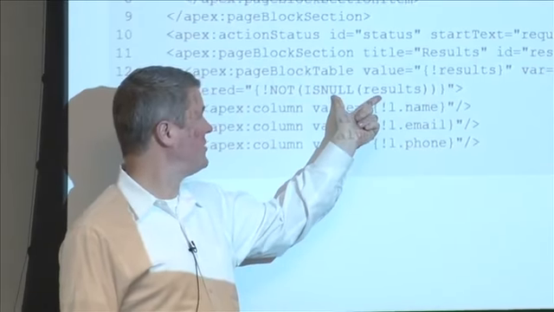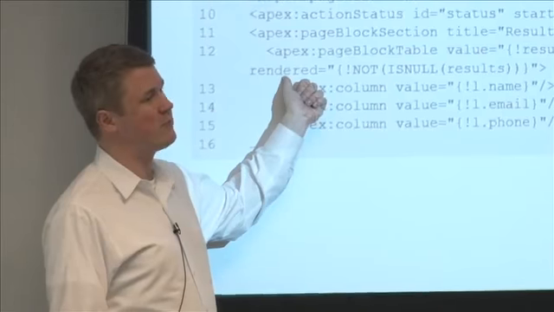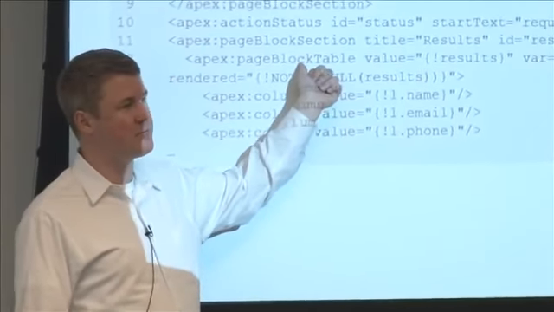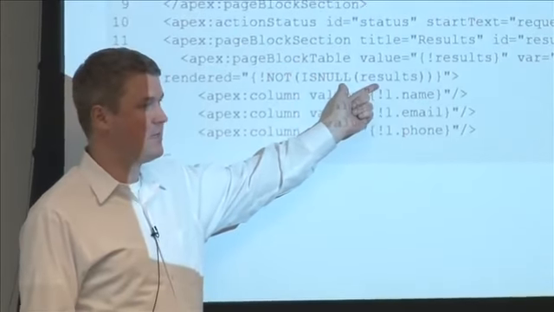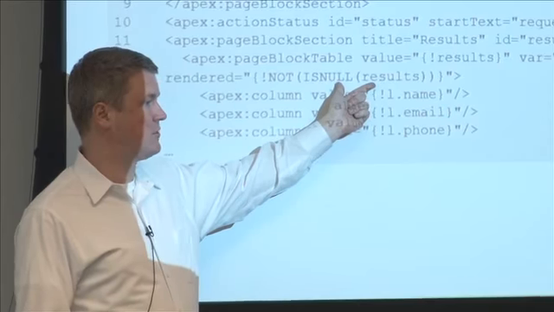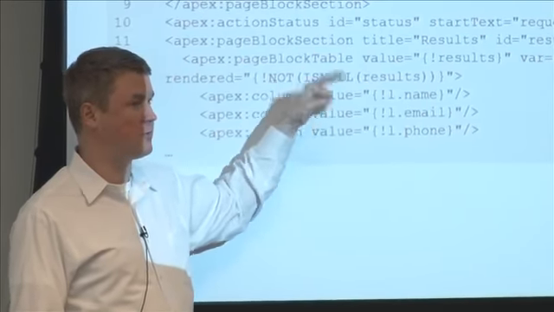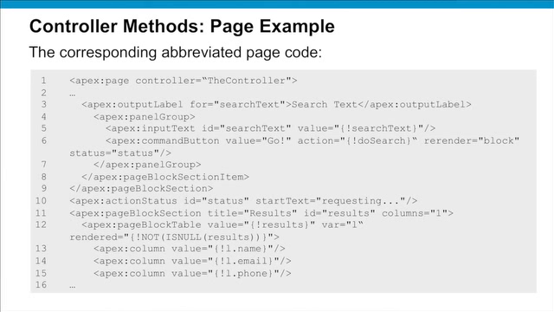If it is null, this will return true. But notice this is bound to the rendered attribute, which is going to display the page block or not, depending upon whether or not this is null. Because if it is null, it returns true, and if it is null we don't want to display it, so we call not, which will flip it. So if we don't get back any results, we do not display the page block table.